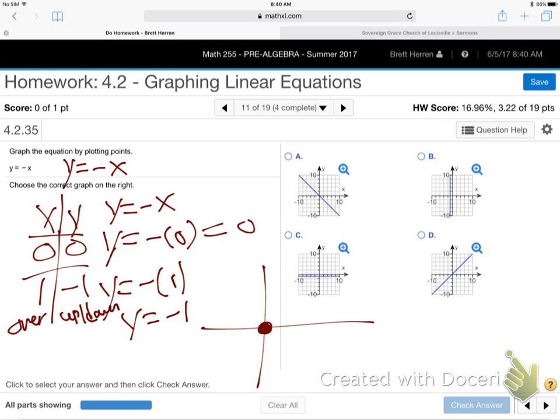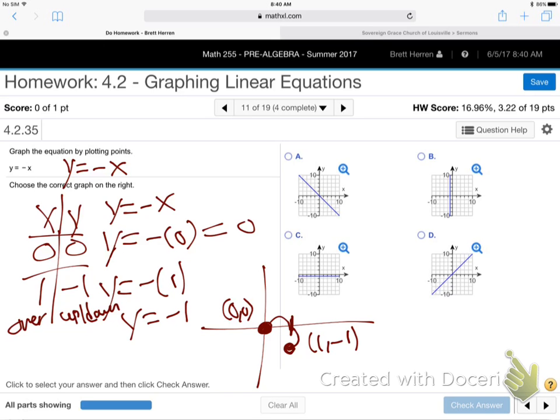Positive, up, negative, down. So over 1, is that to the right or the left? Right. So over 1, and then what? Down 1. Right there. There's over 1, down 1. This is 0, 0. That make sense? Over 1, down 1.